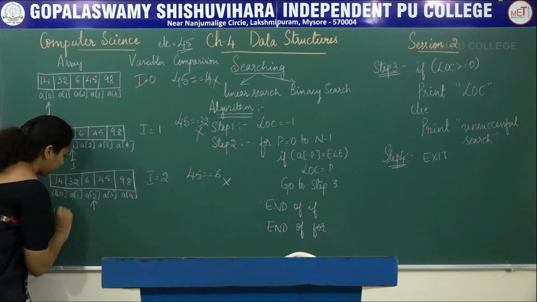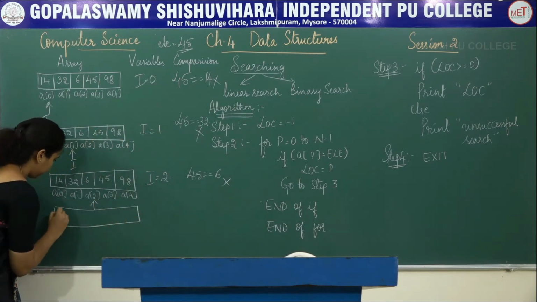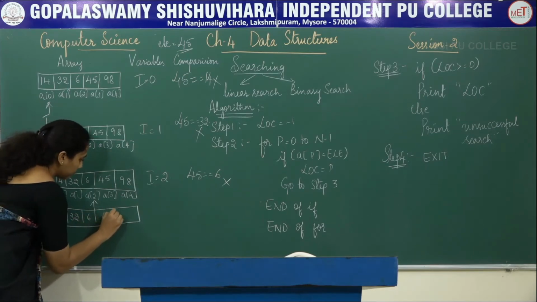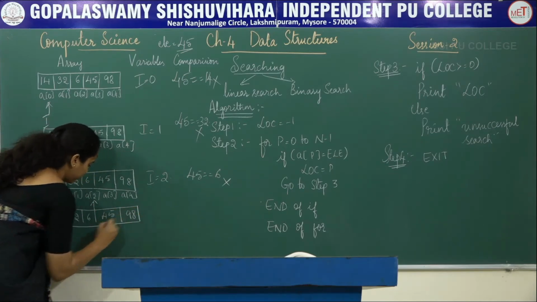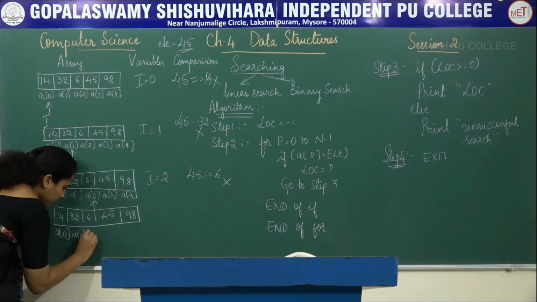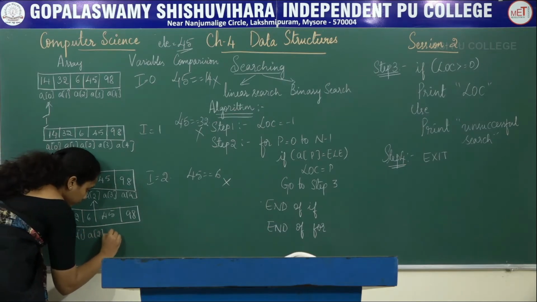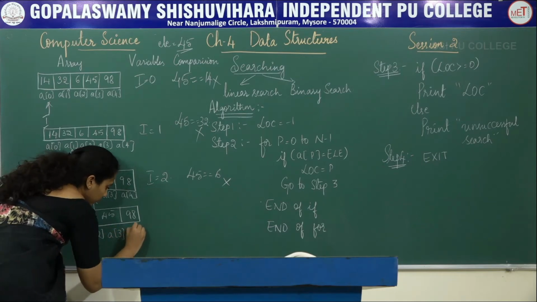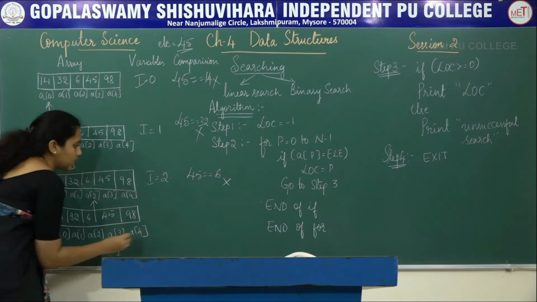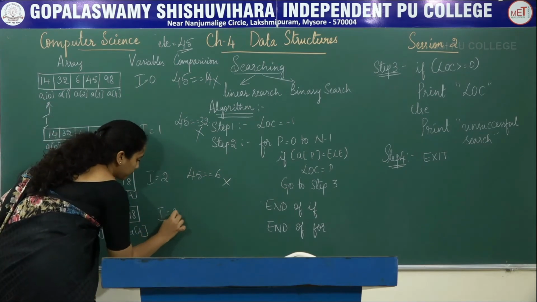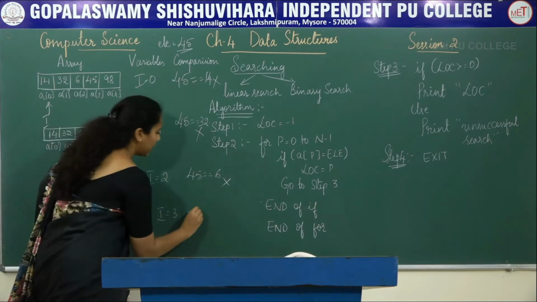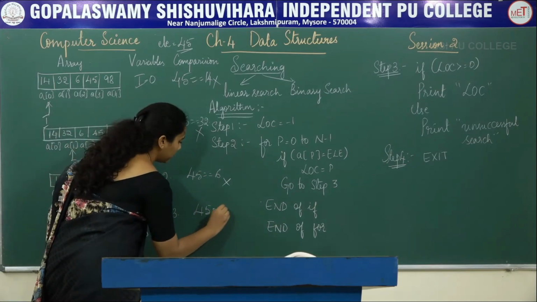I gets incremented. The value of I is 3 now. Now I am comparing 45 with the value 45, hence they are equal.